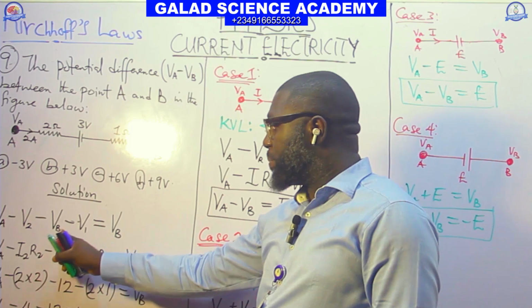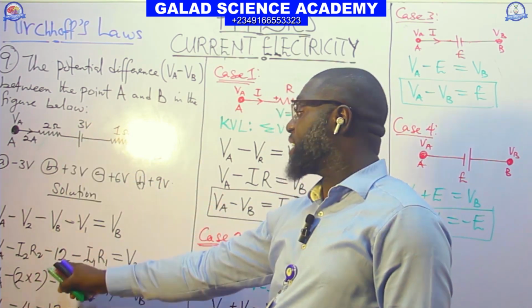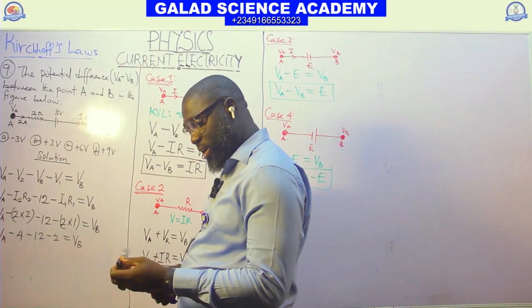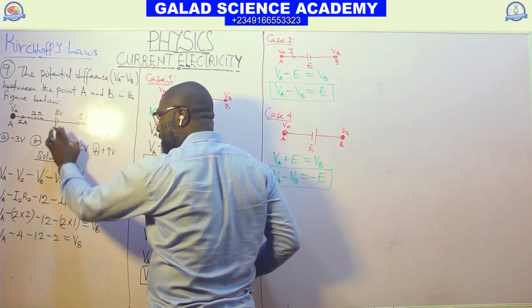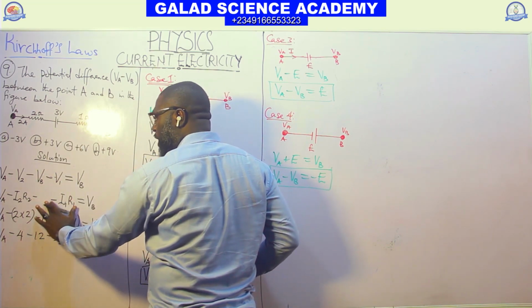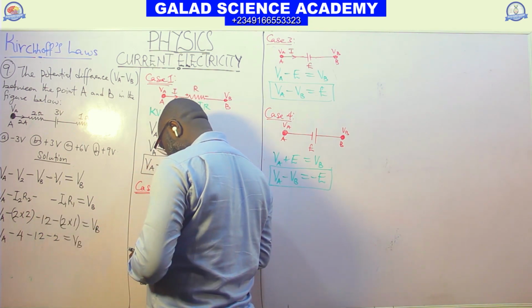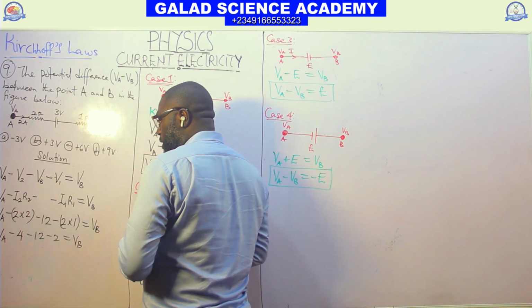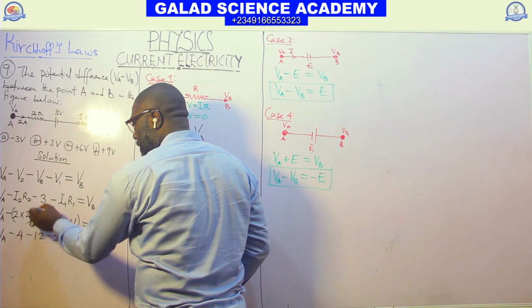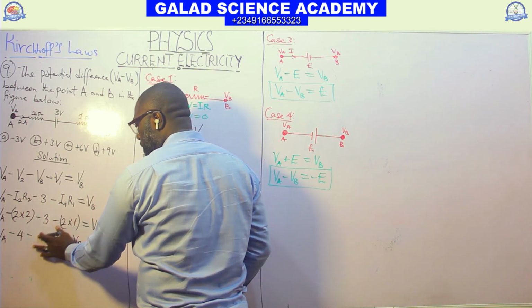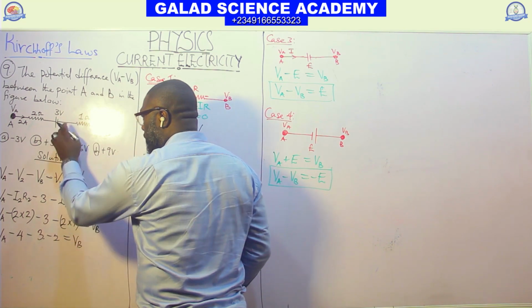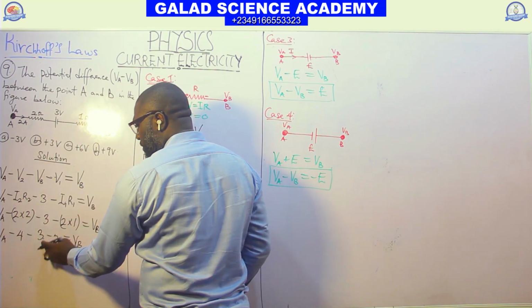Where will I get this to be? It is 3 volts. Where will I see 12? Sorry, no, this part is B. It's 3 now. It's 3 for this EMF here.